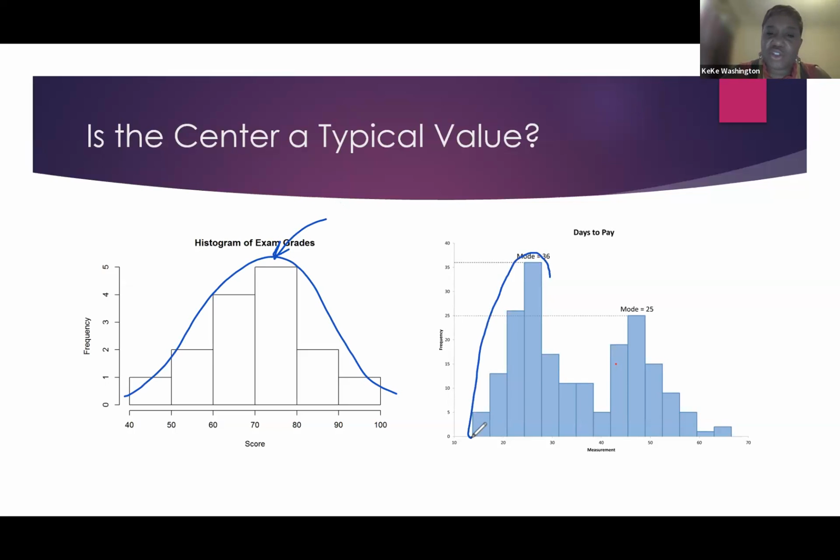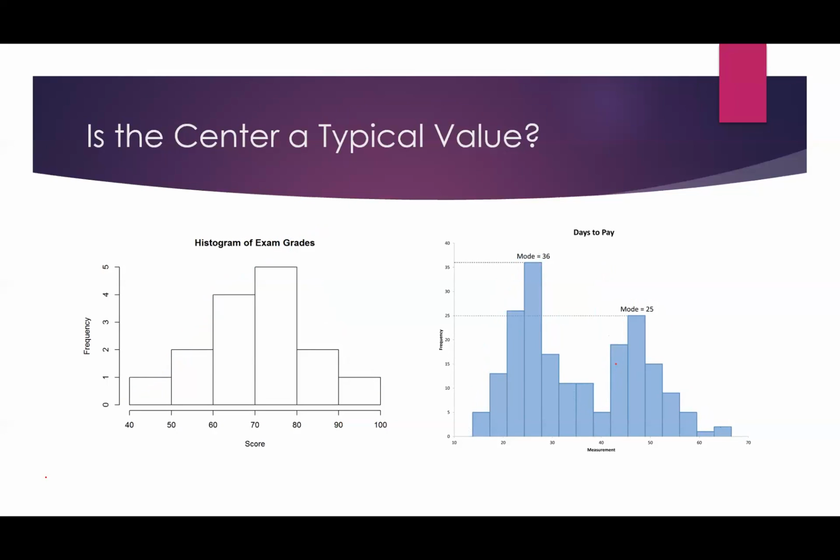Whereas in this distribution that's bimodal, your center is not the typical value if it's bimodal. Your center is not the typical value if it is skewed. Okay. In module 3, we go into more detail with the calculations of center, but for right now, you just want to be able to identify if your center is the typical value.